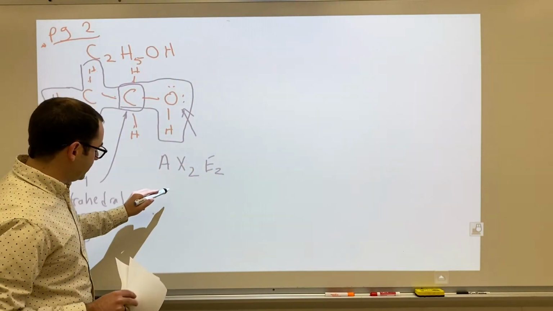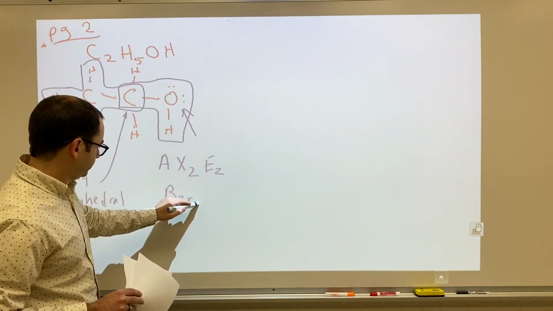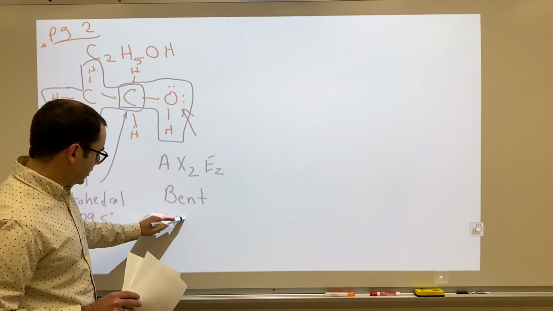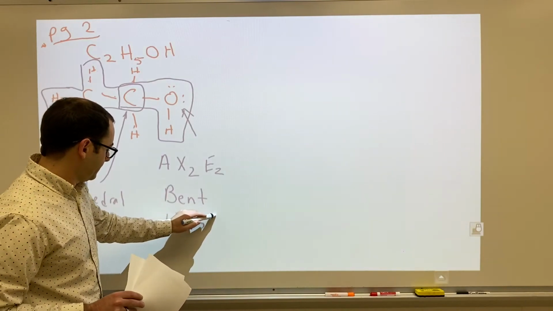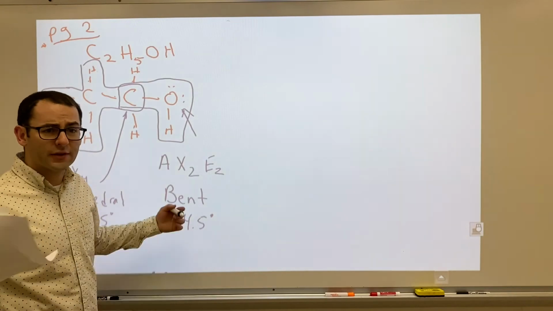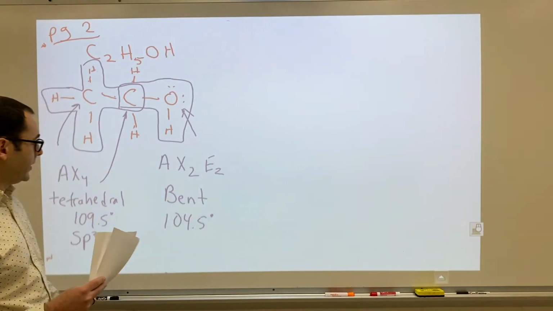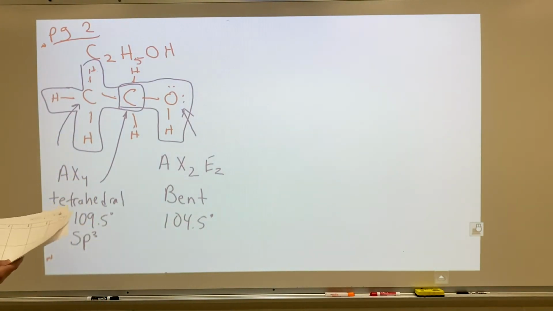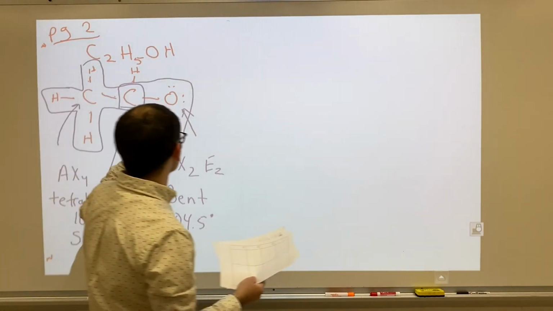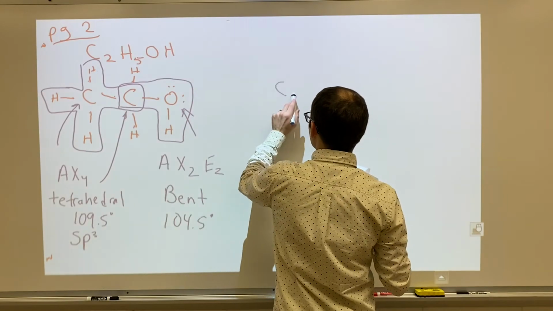What's the shape for this one? Bent, good. Okay, and the angle? 104.5. Good, 104.5. All right, and then sp, what? Nothing. It doesn't work for hybridization, right? All right, great. Okay, so did we draw this correctly as a bent? Looks pretty good, right? Okay, so let's redraw this kind of as our final draft.